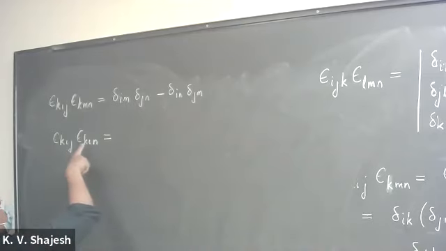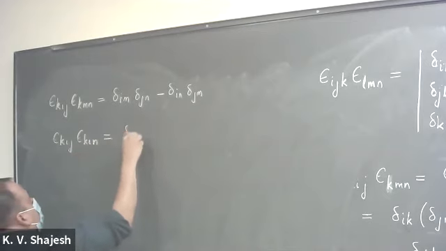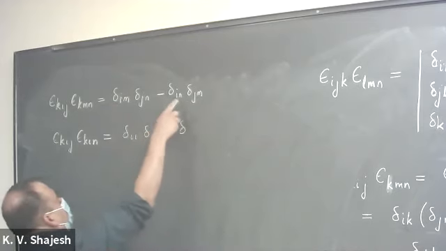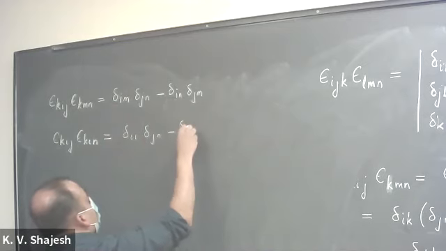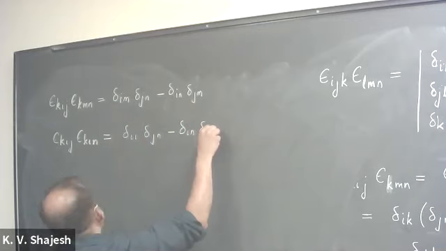We just have to set m equal to i in this. So this is delta i i delta j n minus delta. I'm setting m equal to i, right? So this is delta i n, and this is delta j i.